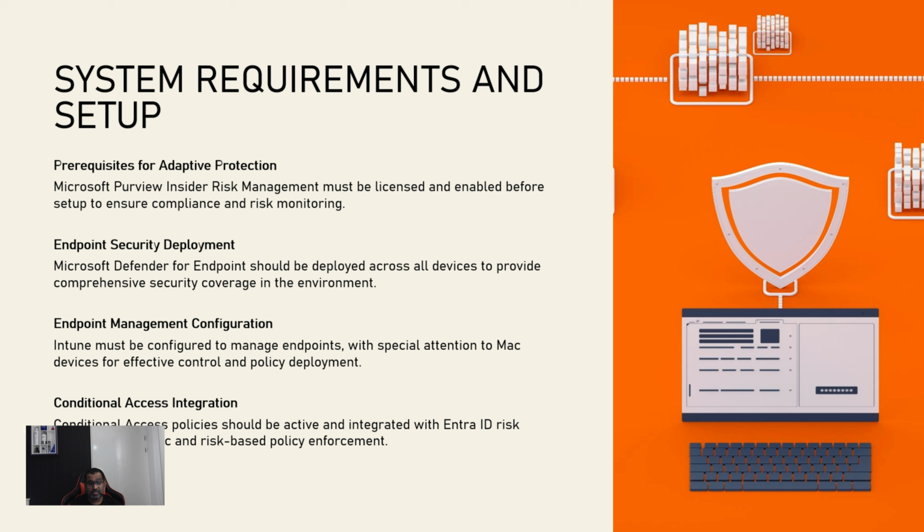And the Conditional Access integration, yeah, this is partly optional. If you're not having it, then probably we can cover this with the Microsoft Purview adaptive protection conditional access policy, which is in preview at the moment. We'll take a look at that. These prerequisites form the foundation of effective risk-based policy enforcement and the telemetry collection, which are very critical for adaptive protection to function properly.